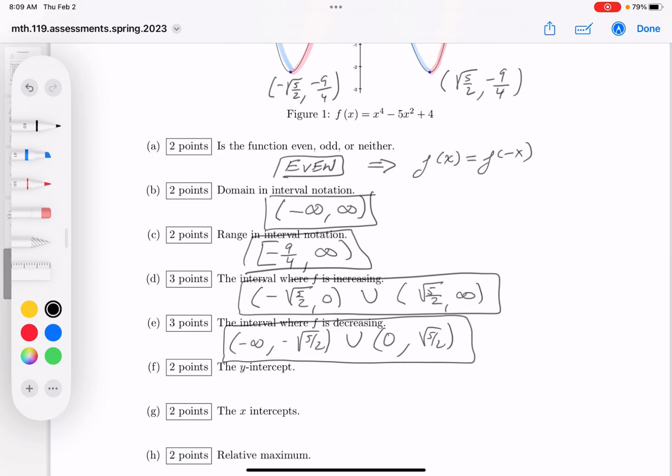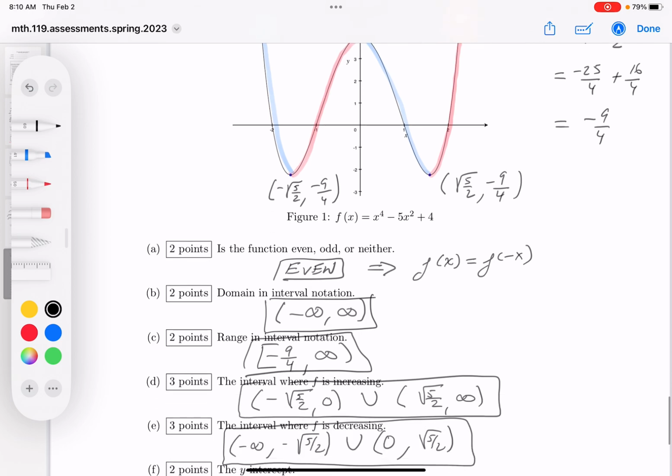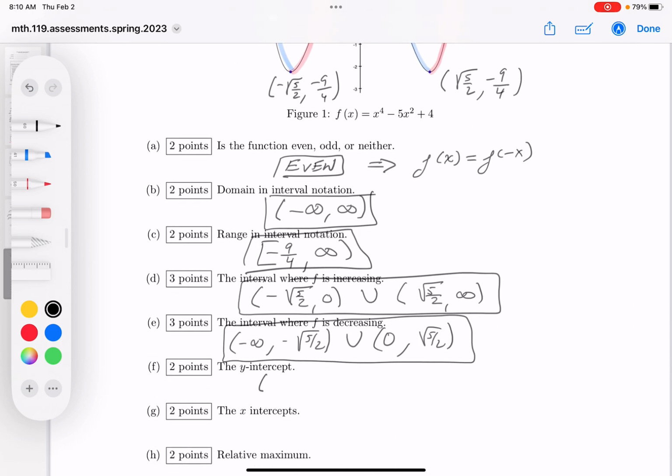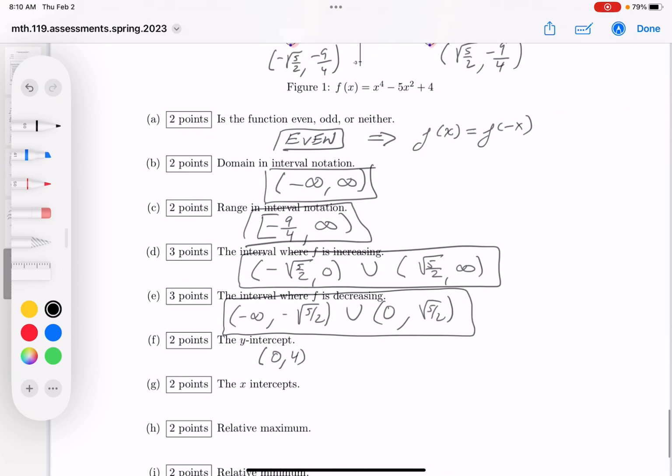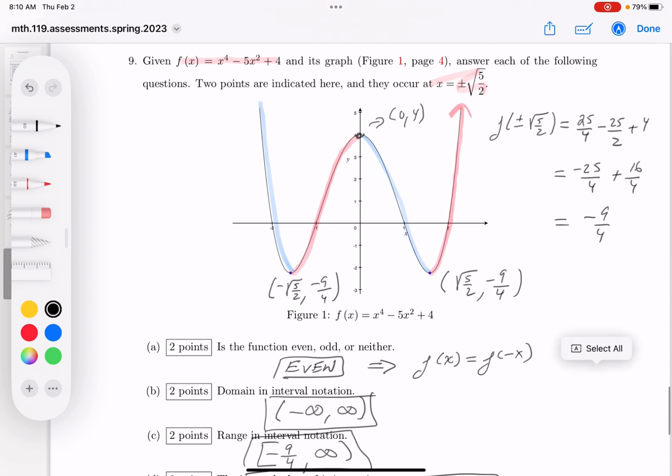Let's do the y-intercept. I'm looking at it, clearly see it. The y-intercept would be when x is 0. I'm going to get the number 4. That's done. What are the x-intercepts? Well, I'm looking at it, and there's 1, 2, 3, 4. You could probably get it by looking at it, but you could also get it by solving an equation.